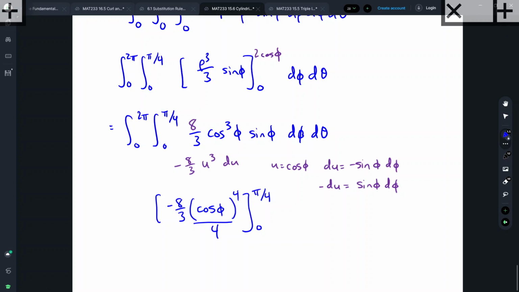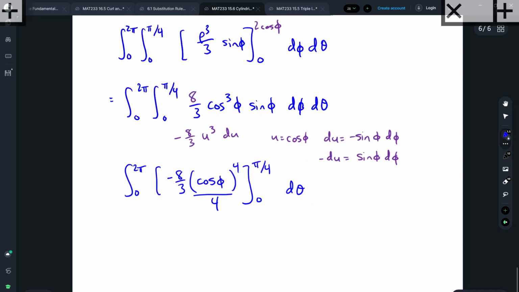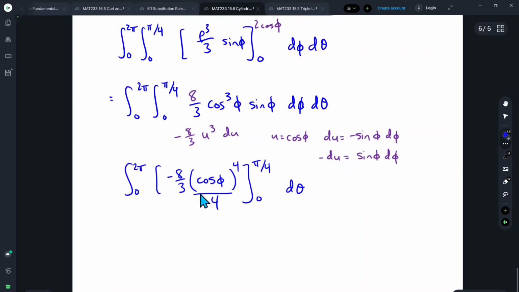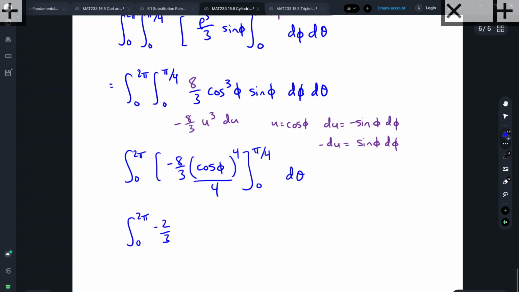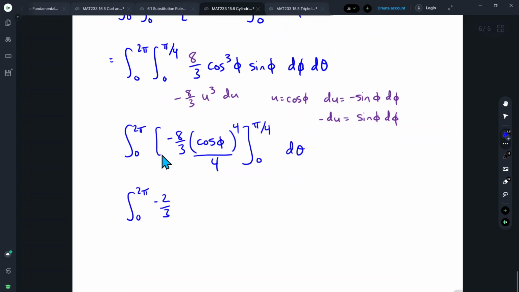Okay, so that's what we have. Let's calculate this. I plug in the numbers, right? The negative 8/3 divided by 4 gives me negative 2/3, so that takes care of the coefficient.